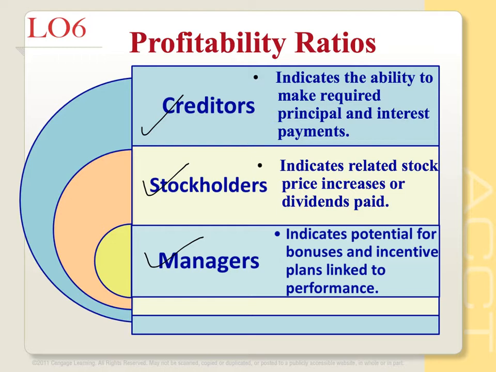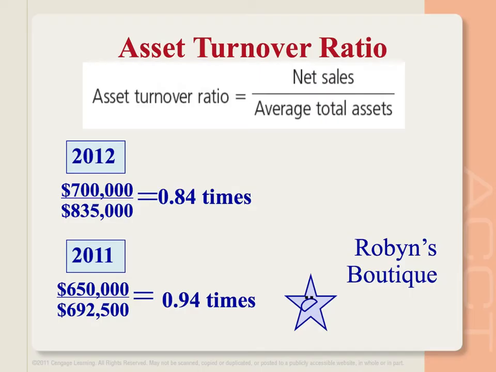So now we're going to go ahead and take a look at some of those ratios, and the information from the financial statements they use. The first is the asset turnover ratio, and this measures the sales generated as a percentage of its assets. If you remember back in Accounting 210, we talked about how assets help to generate revenue. For instance, if I own a piece of equipment and I'm making water bottles, I want to make sure that that asset is turning over and making me as much sales as it can.